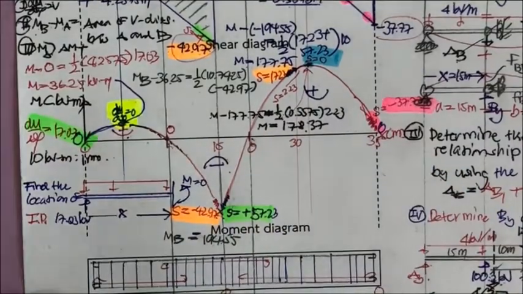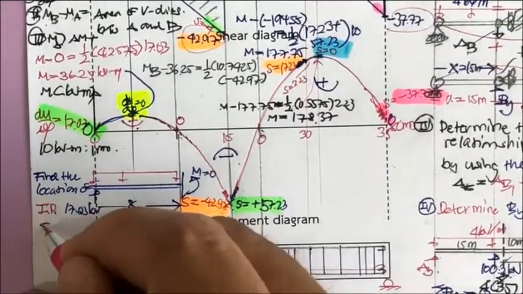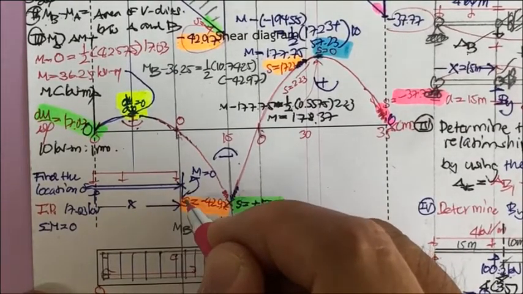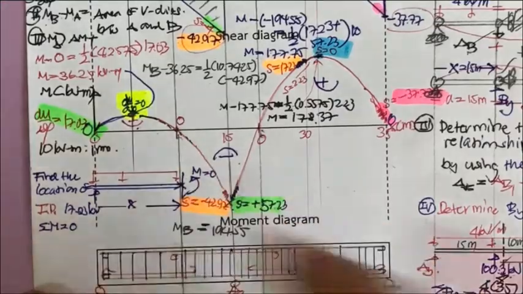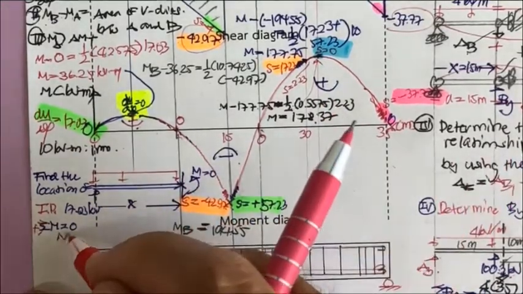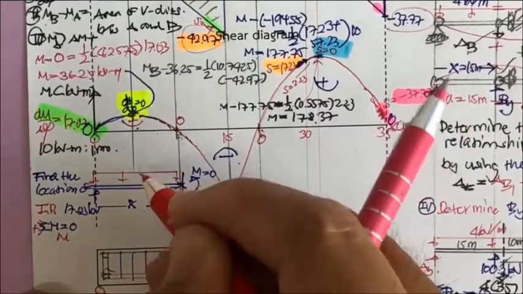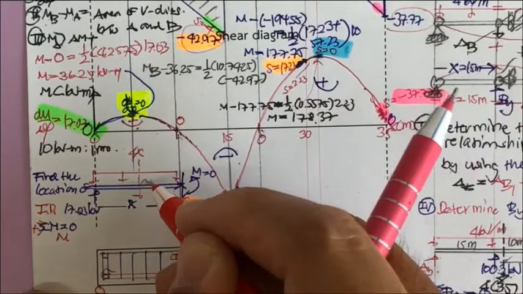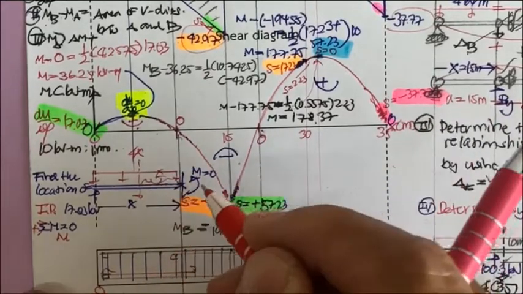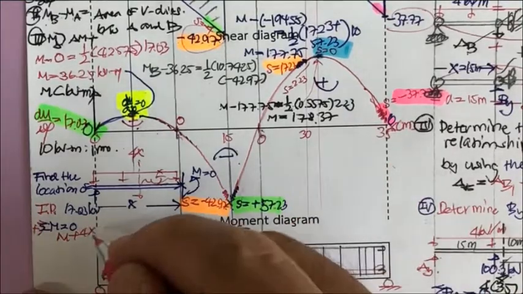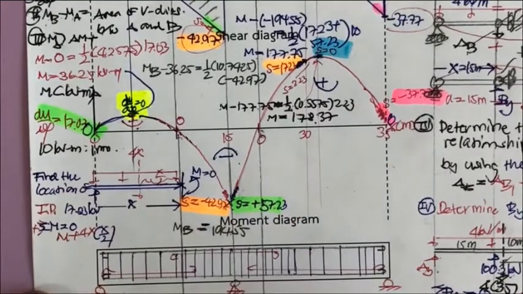So if you take the summation of the moment equal to 0 here, this shear has no effect, right? So you put this one as the positive. So M this way. This one is going to be 4x, and this one is going to be x over 2. So it's going to be plus 4x times x over 2.